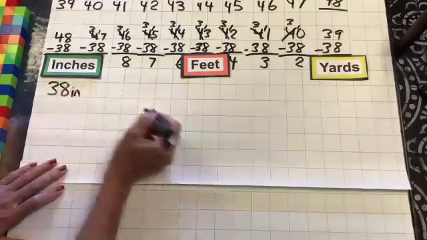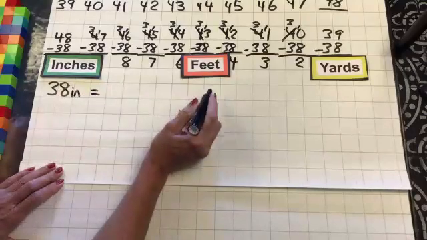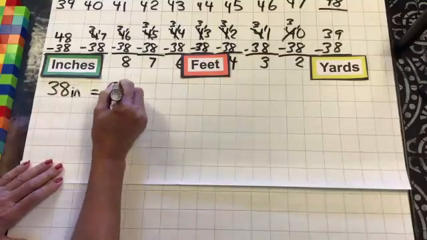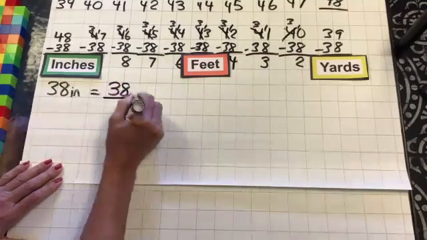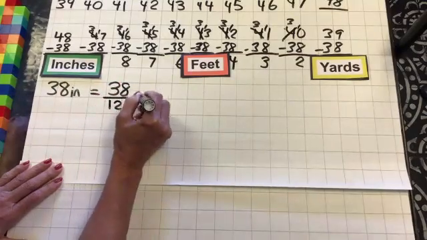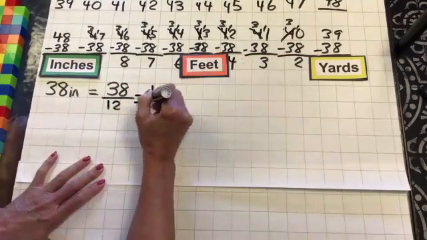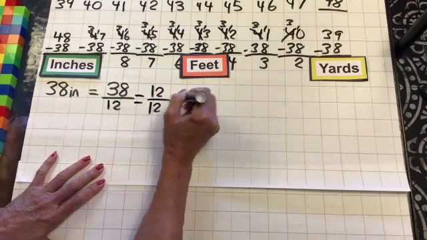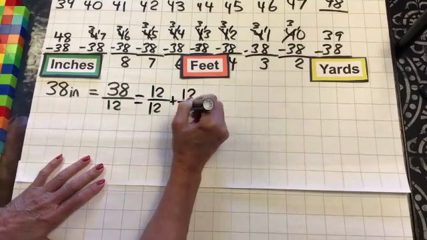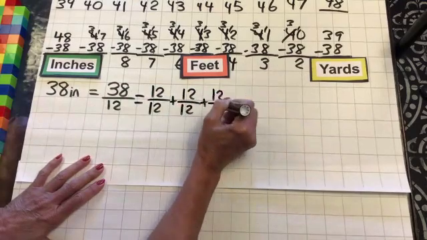38 inches. And it takes 12 inches to make a foot. So we're going to change this into an improper fraction, and we're going to break it apart so we can see how many feet we have. So we've got 12 twelfths plus 12 twelfths plus 12 twelfths.